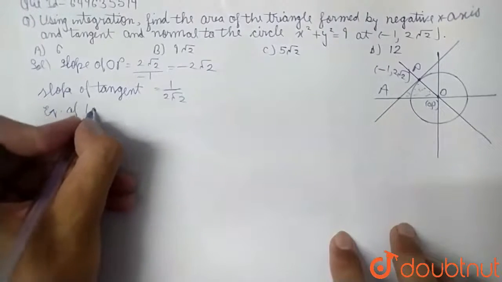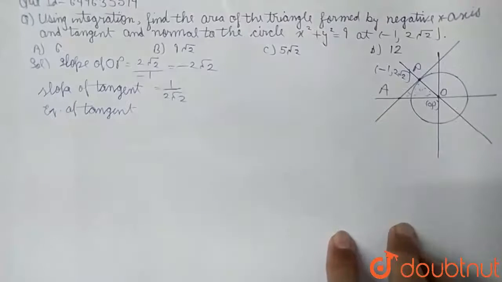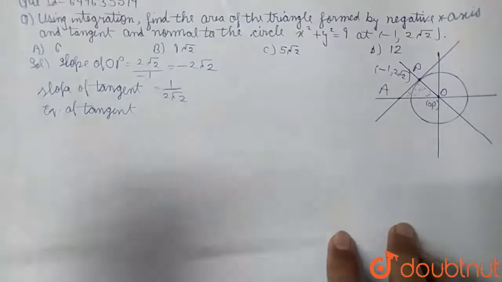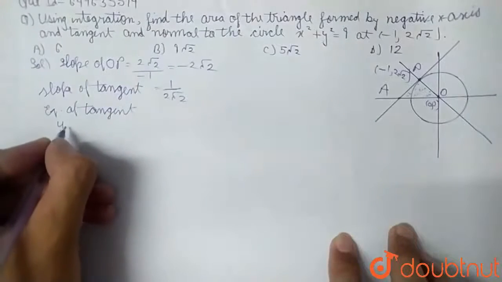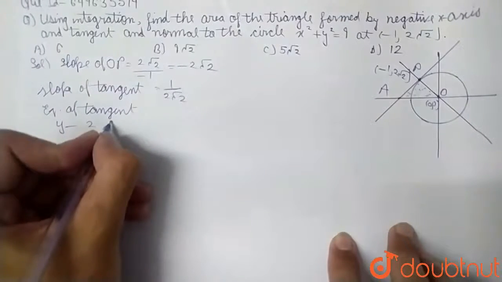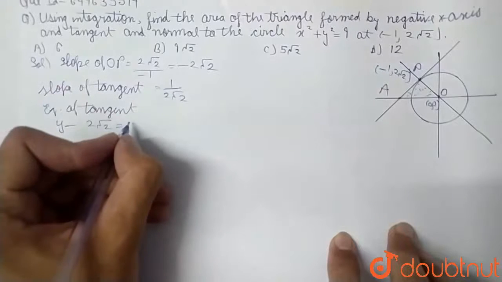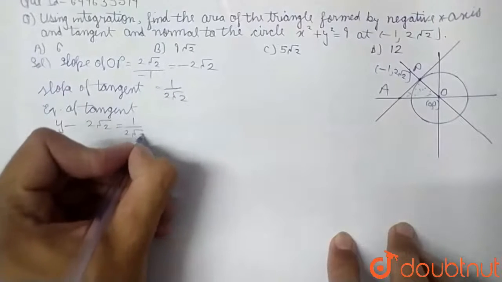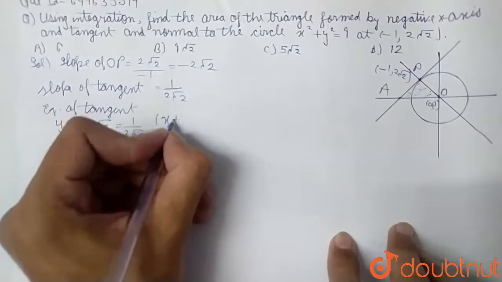Now the equation of the tangent is y minus y1 equals m times (x minus x1). Putting the values, y minus 2 root 2 equals 1 by 2 root 2 times (x plus 1).